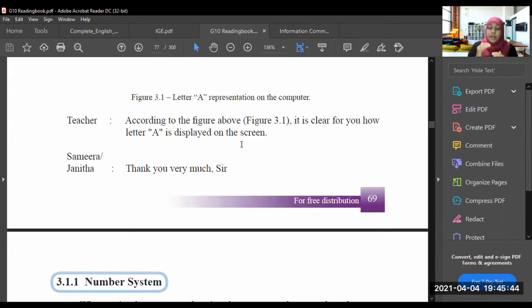When I enter the letter A, it goes to the system unit, it converts into binary language, it understands the input, and then again it converts the inputted data into human language and shows us the letter, or whatever we enter into the computer. Now understood? So this is the process of the computer, right?